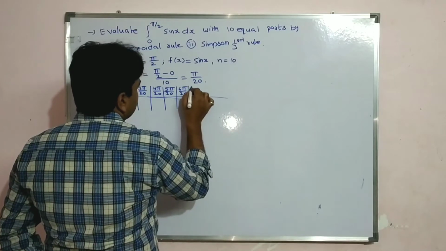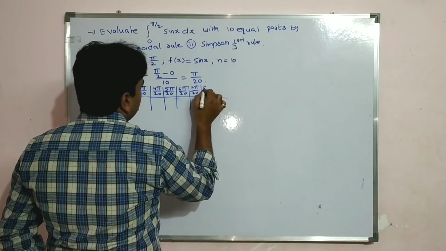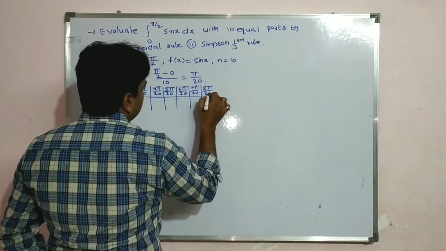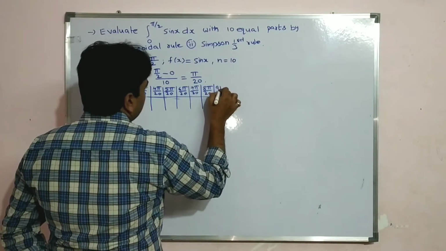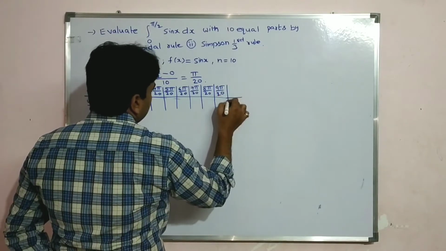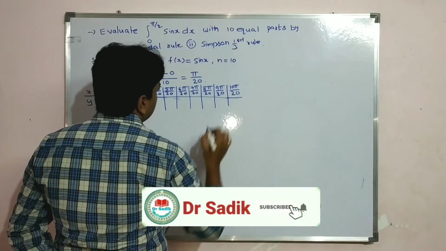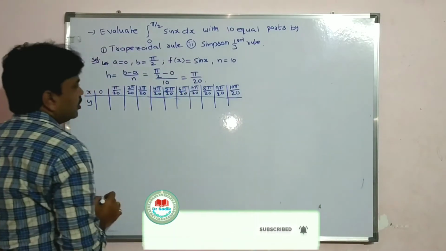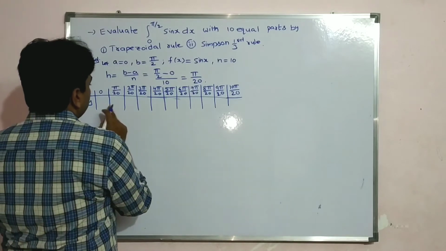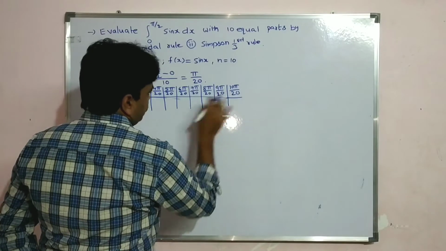And then 7 pi by 20, 8 pi by 20, 9 pi by 20, 10 pi by 20. Okay, students, 10 pi by 20. 1, 2, 3, 4, 5, 6, 7, 8, 9, 10: 10 intervals, students.